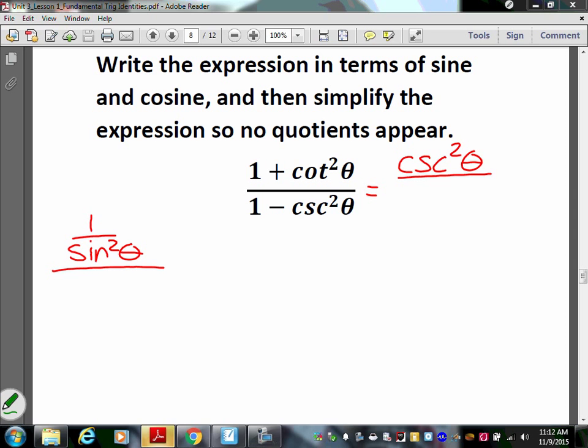Then I'm going to do something to that 1 minus cosecant squared. This is like an aside. Cotangent squared plus 1 is cosecant squared. We just used that. We can use it for the bottom as well.